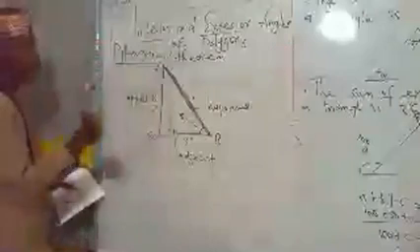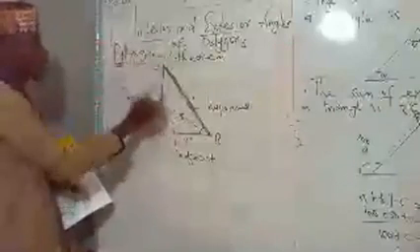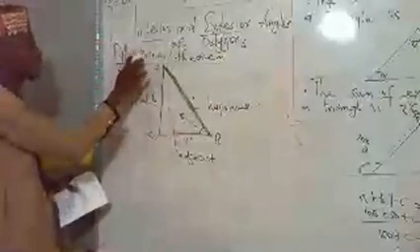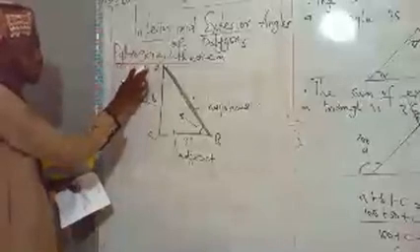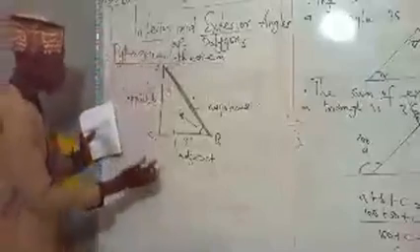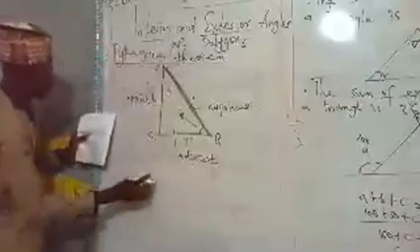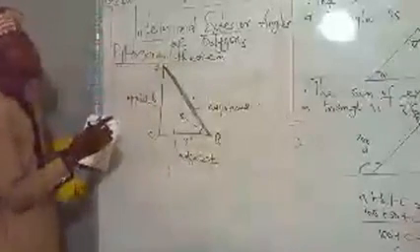I will not explain much on how we got all this. This theorem is from a Greek man called Pythagoras, so that is why it is named Pythagoras theorem. But later we will talk more on it. Now, because of the topic we are taking, we will not say much on it.